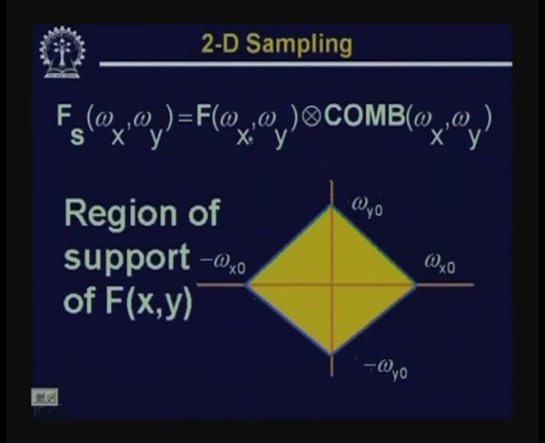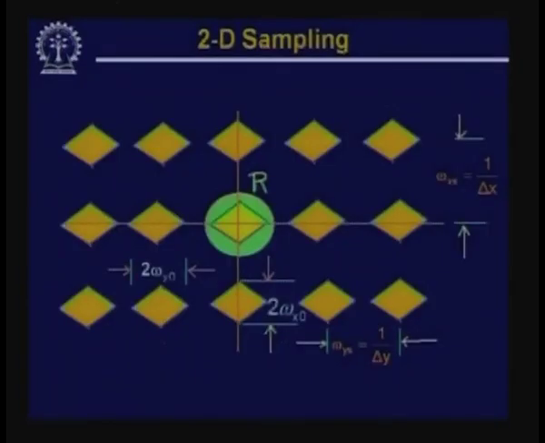As we have seen earlier, such a convolution operation replicates the frequency spectrum of the original signal along the omega axis in case of a one dimensional signal. Here again in case of a 2 dimensional signal, the original spectrum will be replicated along both the x direction and the y direction.